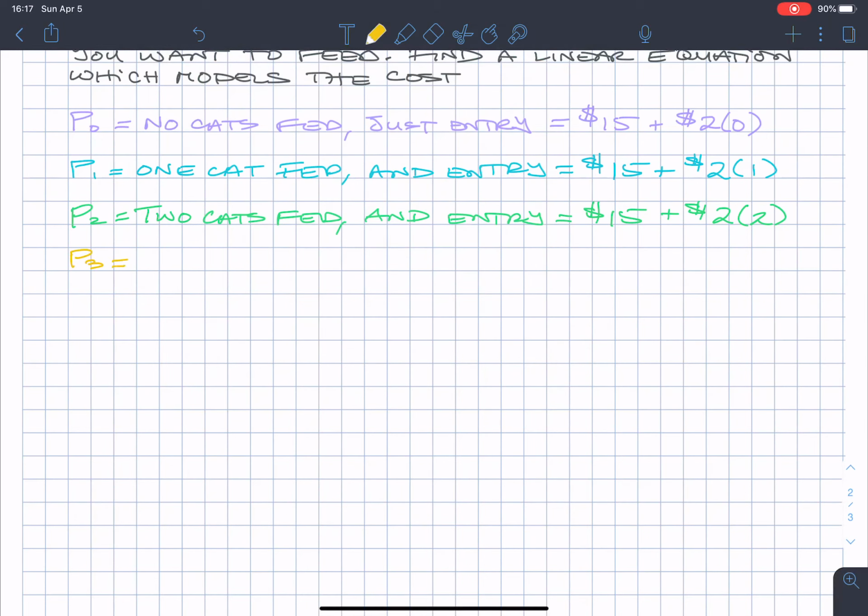So for the third, P sub 3 would be 3 cats fed and entry. Okay, so hopefully we can see this will be $15 plus 2 times 3. So do we see the pattern? 2 times 3 cats fed.